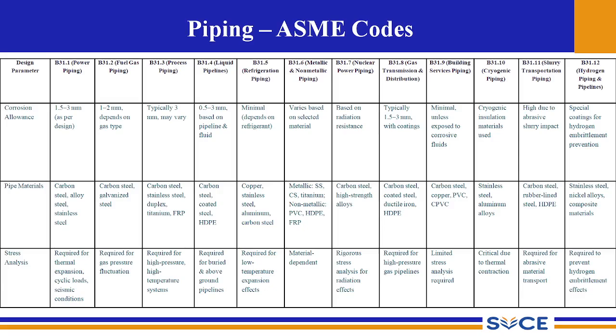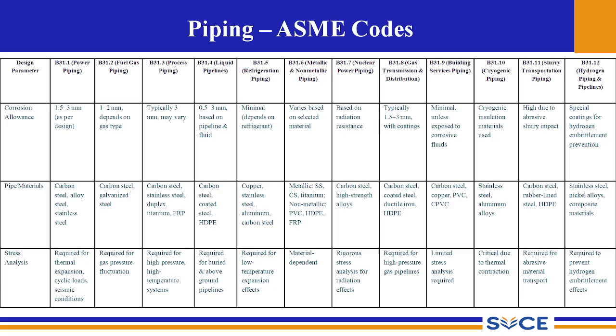Then for B31.3, the corrosion allowance typically varies from 3 millimeter, and the pipe materials applicable are carbon steel, stainless steel, duplex, titanium and fiber reinforced plastics. The stress analysis is required for high pressure and high temperature systems.